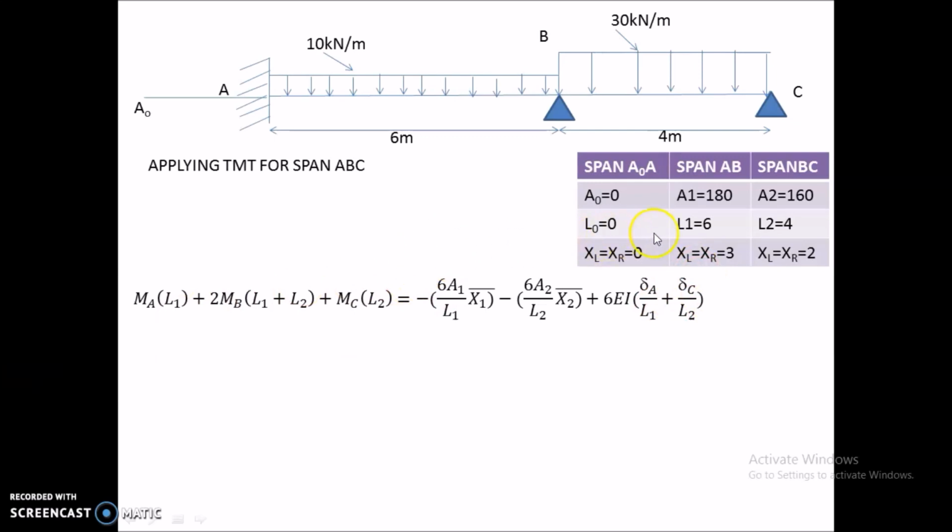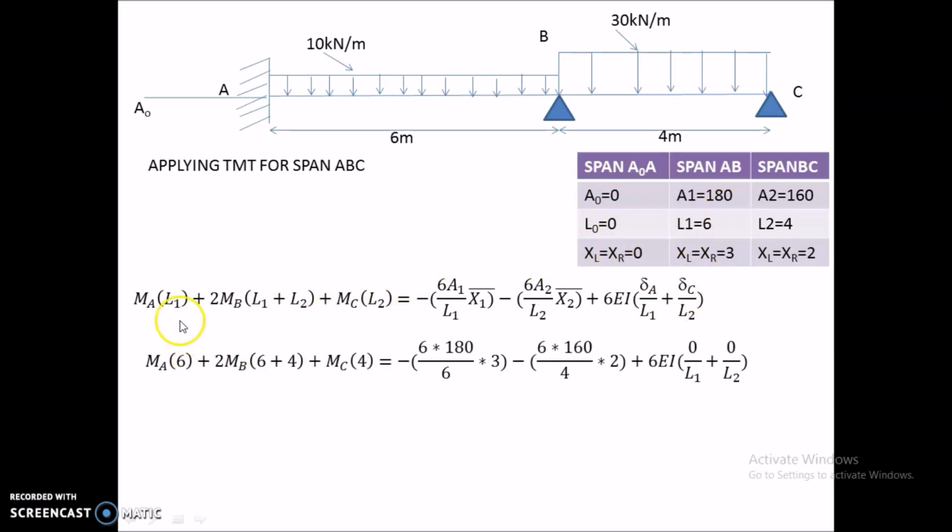Now after substituting these values, that is L1 is equal to 6, L2 is equal to 4, A1 is 180 and A2 is equal to 160, I will get an equation by solving this one as 6 MA plus 20 MB is equal to minus 1020. Now we got two equations in terms of MA and MB.